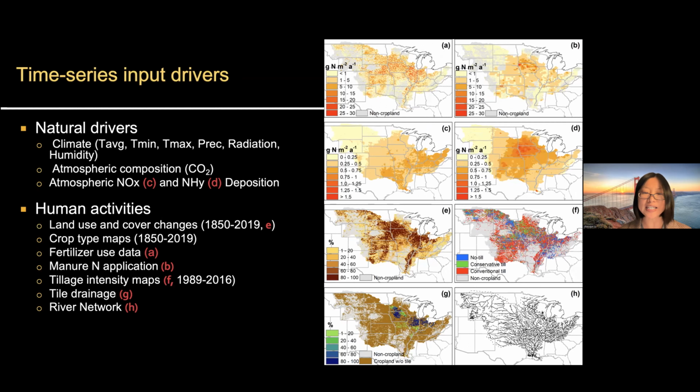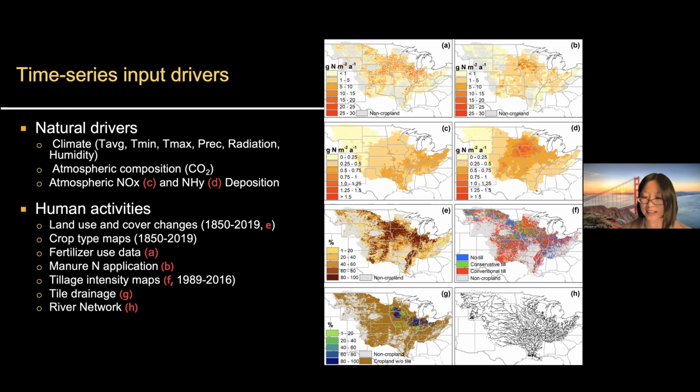Before setting up a model run, we need to develop input drivers to characterize the natural changes, including daily climate information, atmospheric composition, as well as human activities. We need to characterize how humans use and manage land, water, nutrients, and other resources, especially in such a heavily managed system like the Corn Belt area.